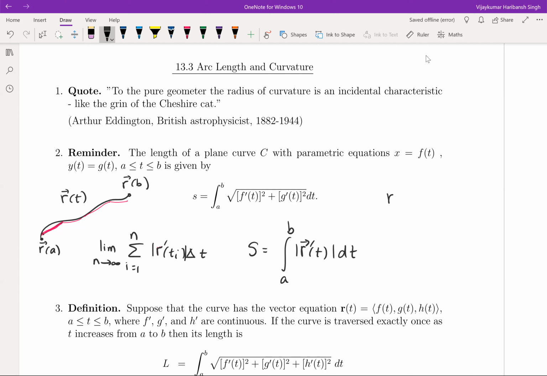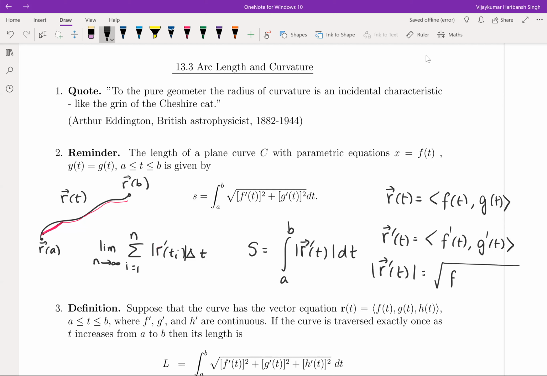And if your r of t is in R two, a vector valued function f of t, g of t, then r prime t is going to be f prime t, g prime t, and when you take the absolute value of this, you get the square root of f prime t squared plus g prime t squared. And then when you substitute it here, you get your length of arc.